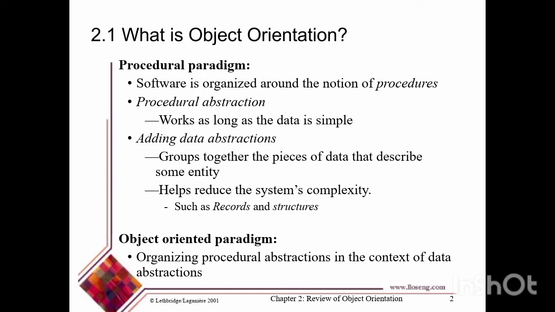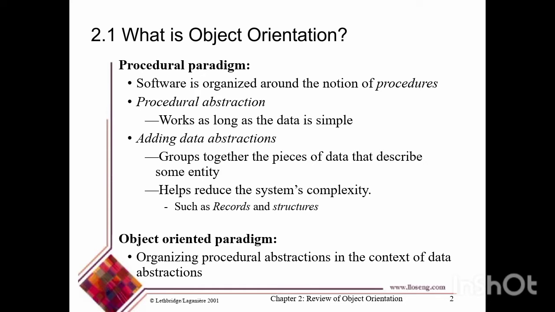We have two types of paradigms, that is the procedural paradigm or procedural model and the object oriented paradigm. In the procedural paradigm, software is organized around the notion of procedures. Procedural abstraction works as long as the data is simple.